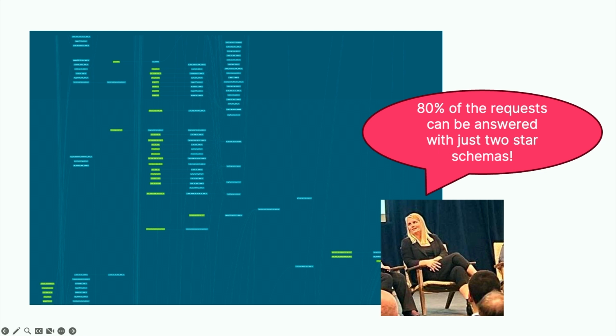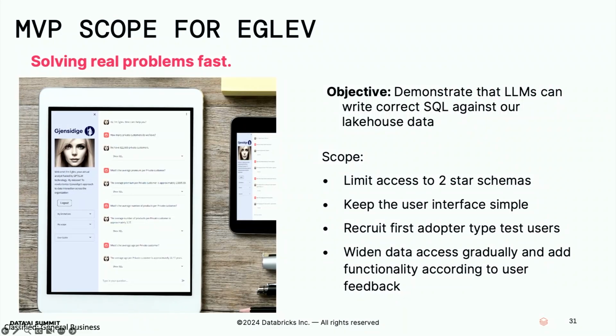Then we have solved 80% of the problem, and then we can figure out if people want to have the solution, and then we can add more data to it. So then we had an MVP scope for Eglev to solve our real problem fast, with the objective to demonstrate that a large language model can write correct SQL against our lakehouse data. So we limited the access to 2 star schemas.